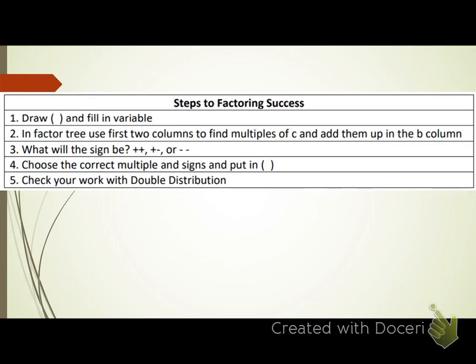Step 2, in the factor tree, or the chart that I was showing you earlier, we're going to use the first 2 columns to find multiples of our c value, our constant. So I want to find numbers that multiply to give me that constant. When I find some values that multiply to give me c, I want to add them up and put their sum in the b column. So when I'm looking for numbers today, I want them to multiply to give me c and add to give me b.